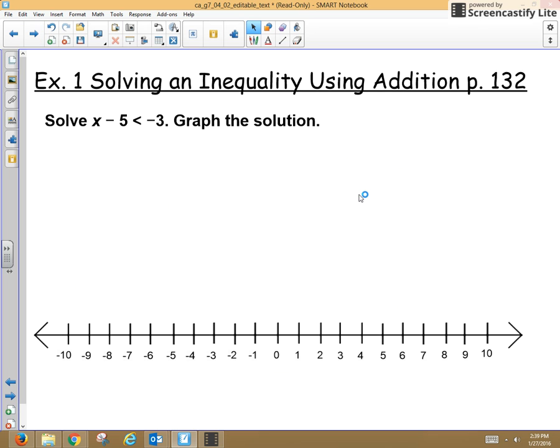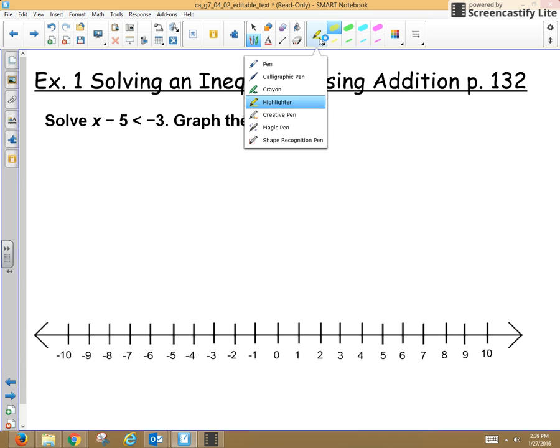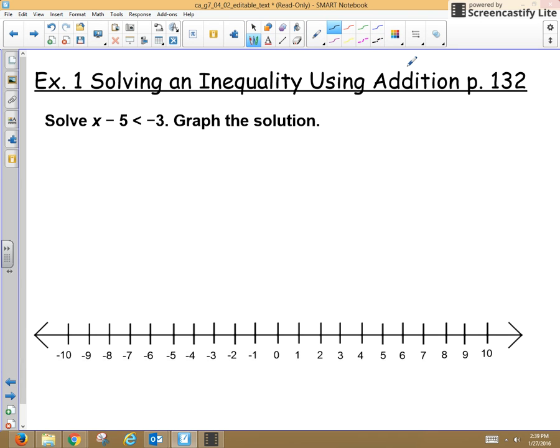Okay, example 1 is solving an inequality using addition. This begins on page 132. We need to solve x plus 5 is less than -3. Now, solving an inequality is just like solving an equation, except instead of an equal sign, we will have a comparison symbol, such as less than, greater than, or less than or equal to, greater than or equal to.